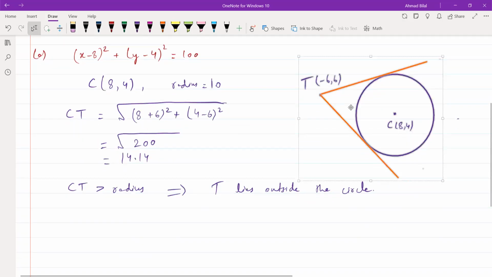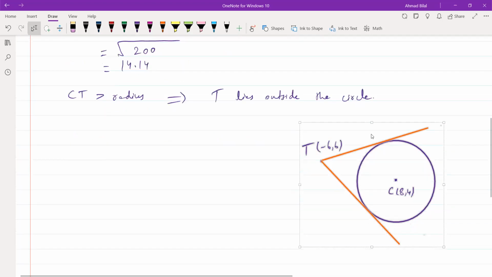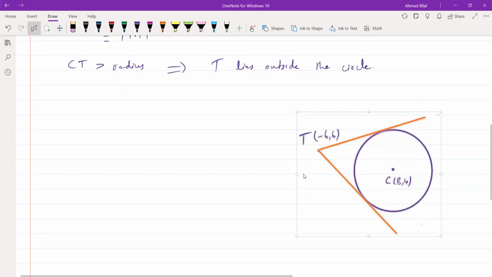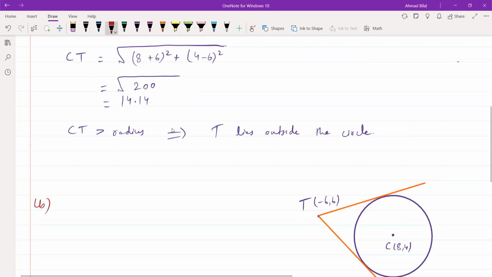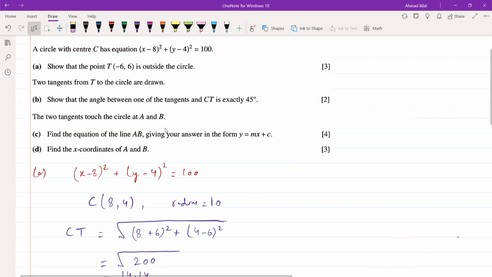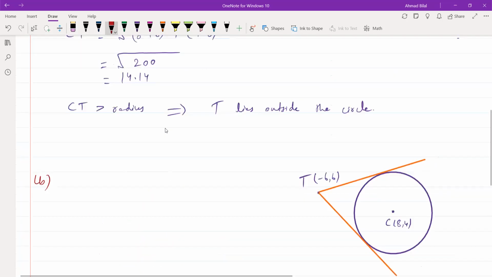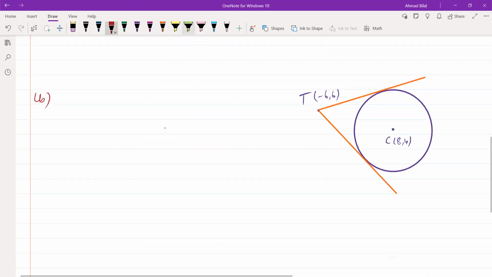Now part B. So there's the point T, from which there are two tangents coming. Show that the angle between one of these tangents and CT, where C is the center and T is that point, is 45 degrees. That's what you have to show.